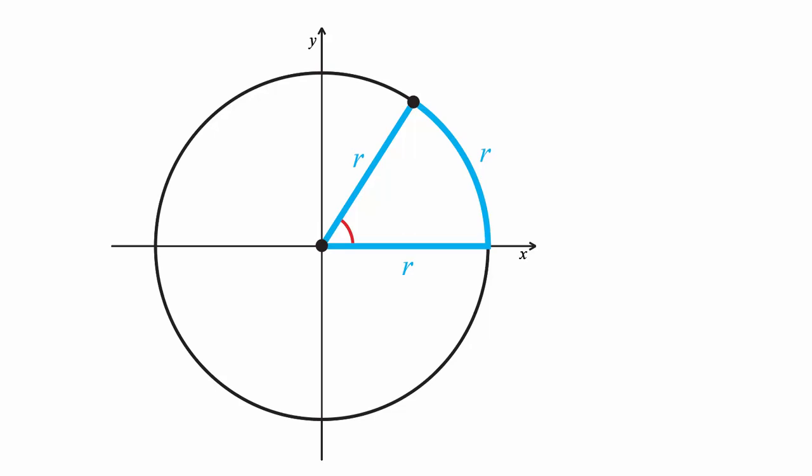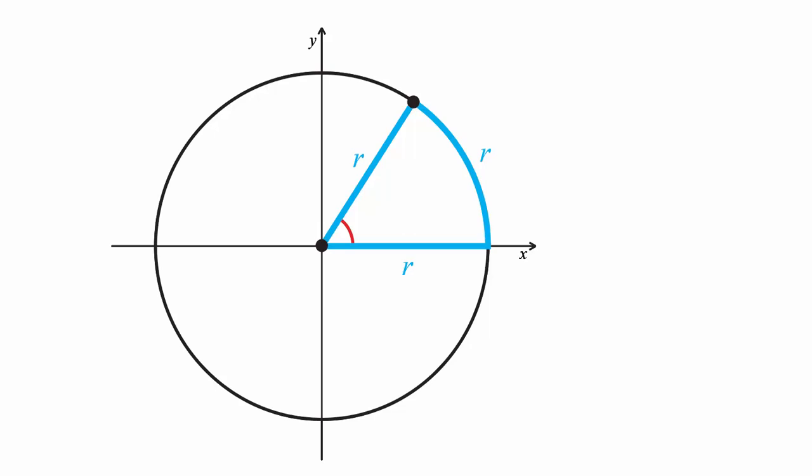And this angle happens to span an arc length exactly equal to the length of the radius. That arc length spanned by the angle theta is exactly the same r as the radius of the circle.